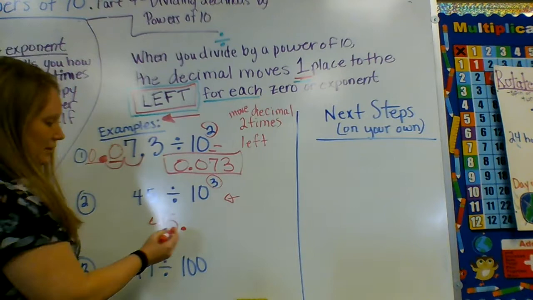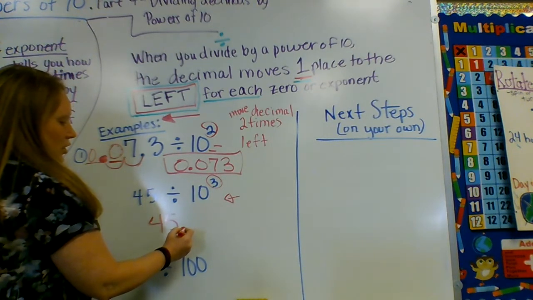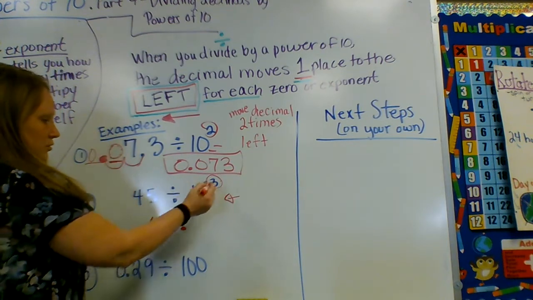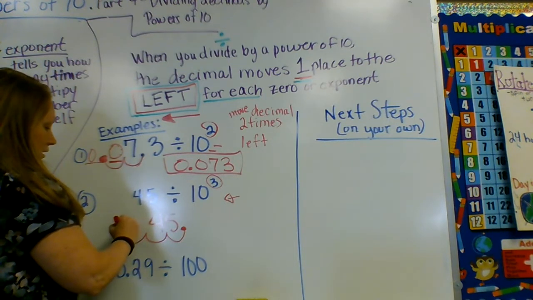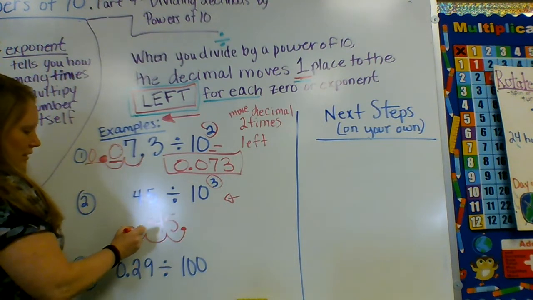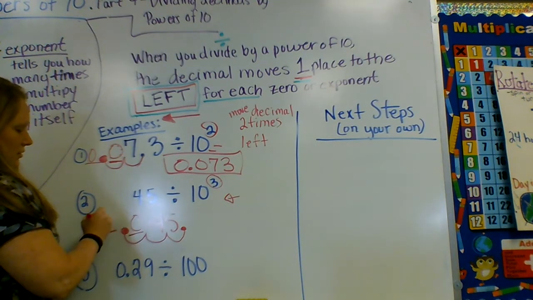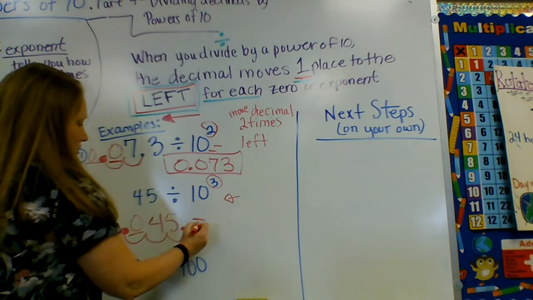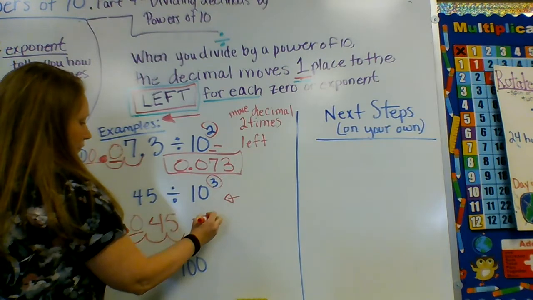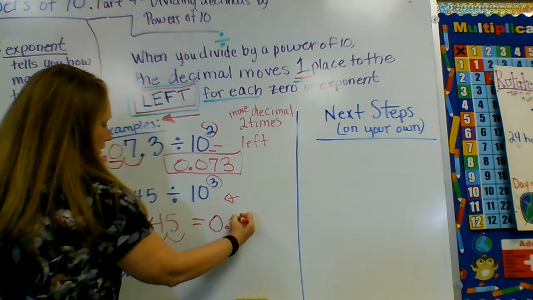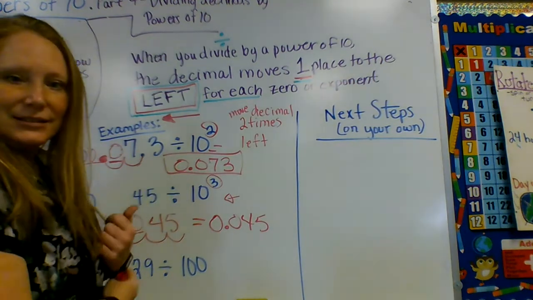So I'm going to move it to the left 3 times. 1, 2, 3. New decimal. I need a placeholder here and a placeholder here, so I'm going to put my zeros. My new answer, I have to take the old decimal away. So 0 and 45 thousandths.